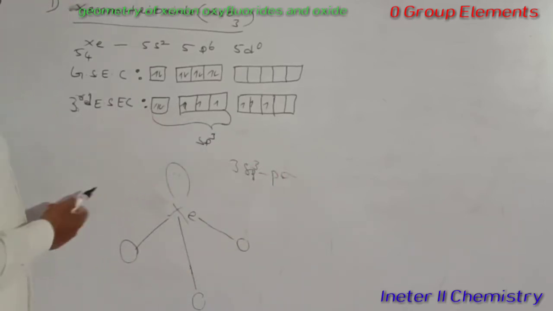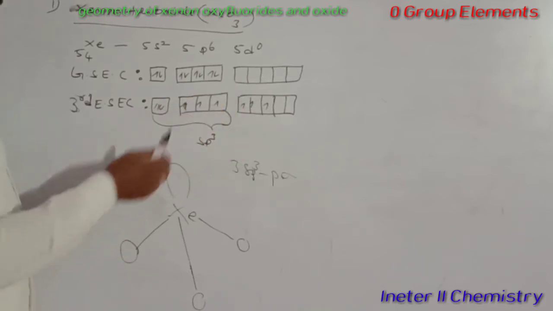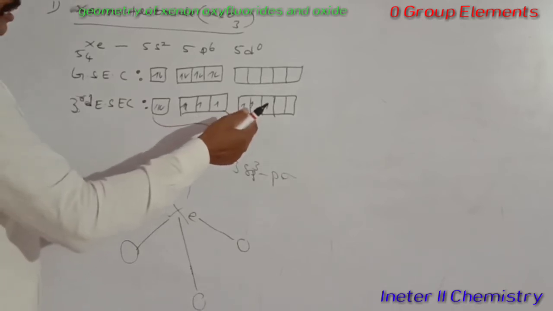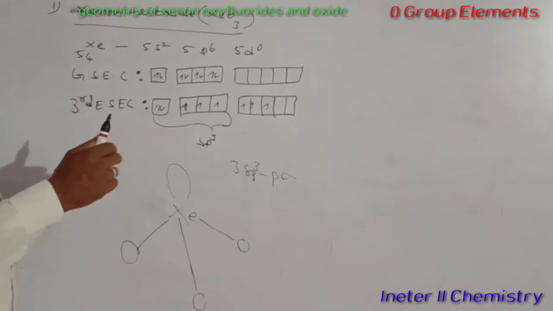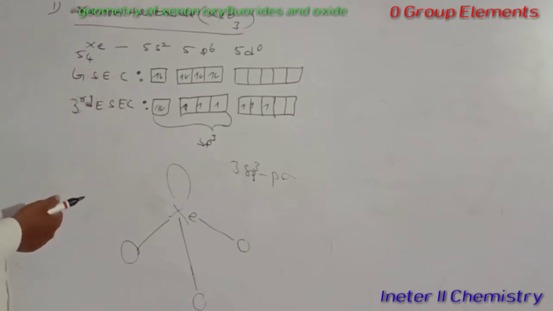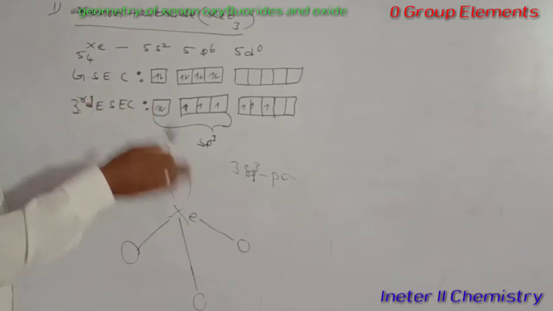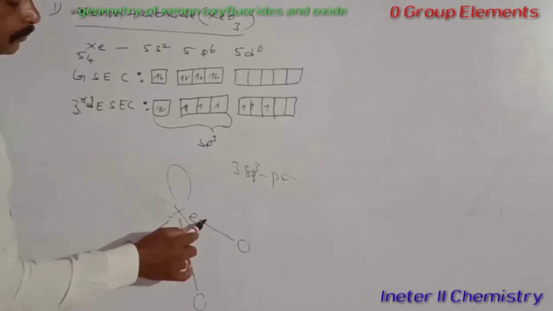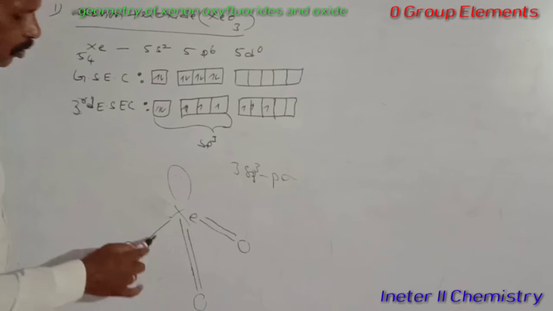But at xenon, the remaining 3 unhybridized d orbitals are there. These unhybridized d orbitals of xenon partially overlap with the p orbitals of those oxygen atoms, then it forms 3 dp pi bonds.